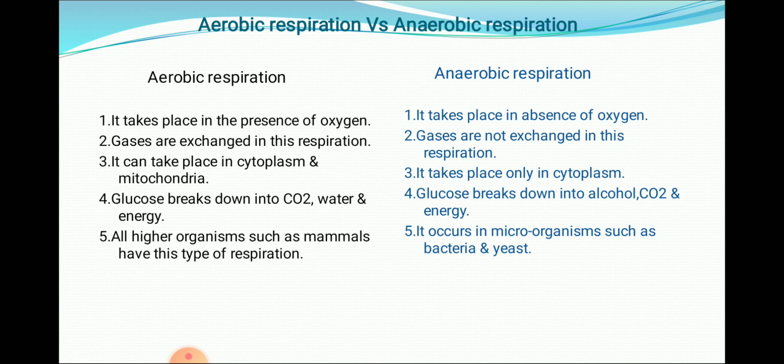And in anaerobic respiration, glucose breaks down into alcohol plus carbon dioxide gas, and a little amount of energy is released. All higher organisms, such as mammals, possess aerobic type of respiration, and anaerobic respiration occurs in microorganisms such as bacteria and yeasts.